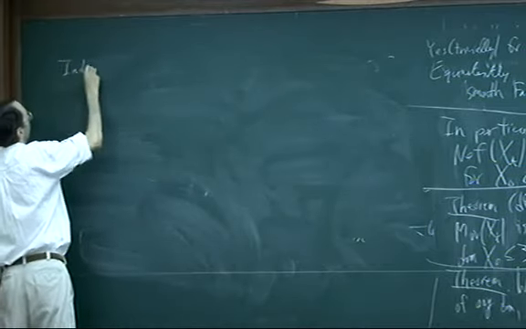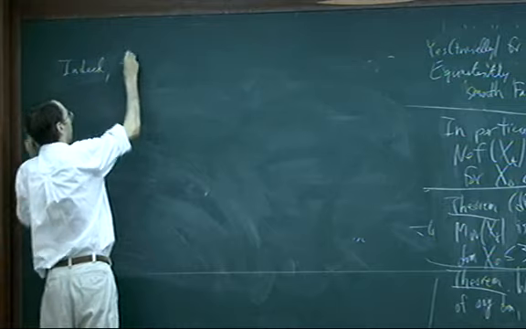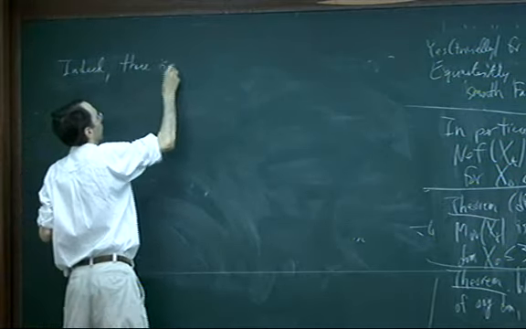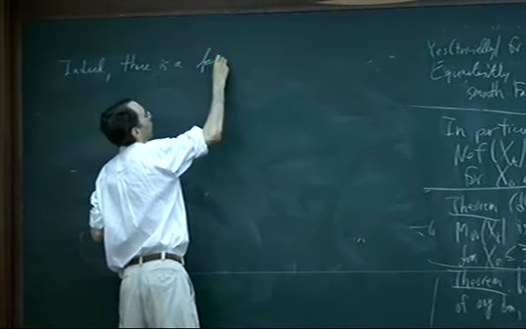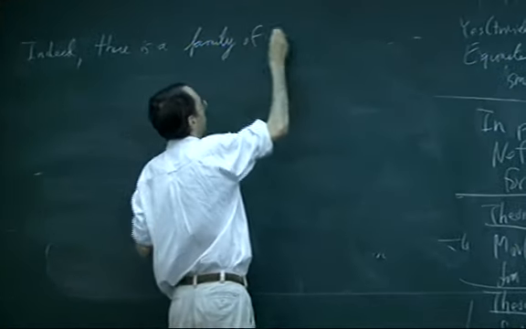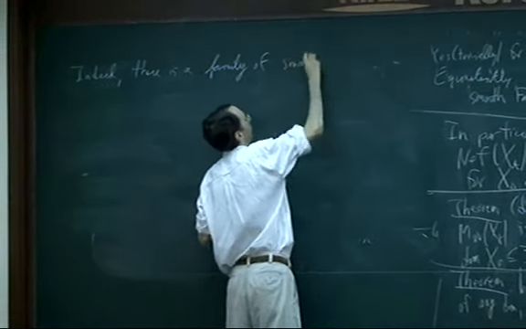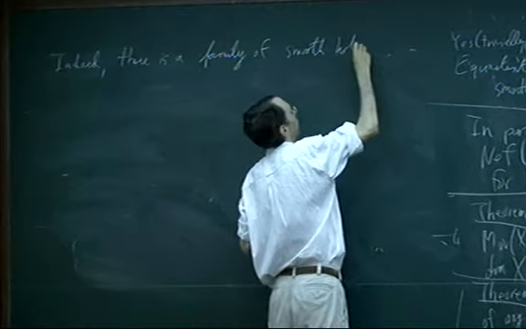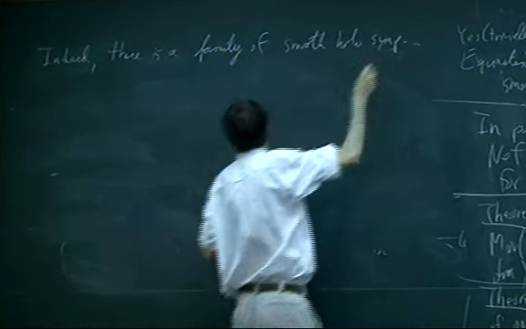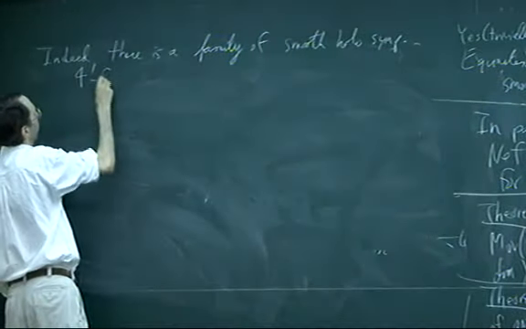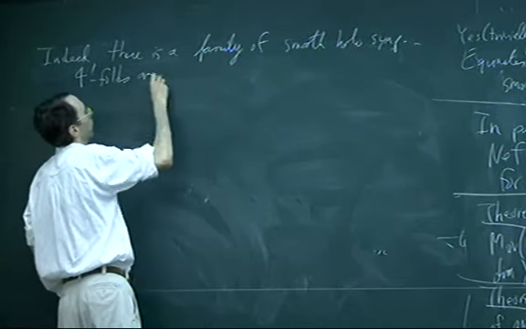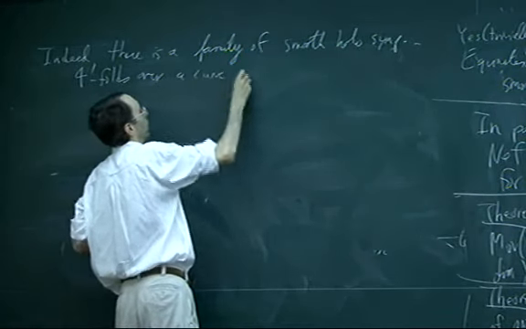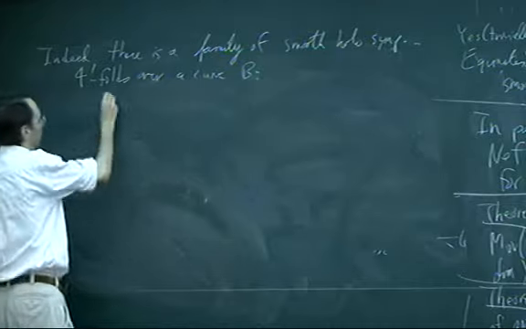So indeed, there is a smooth family of smooth holomorphic symplectic 4-folds over a smooth curve B that contains x naught.